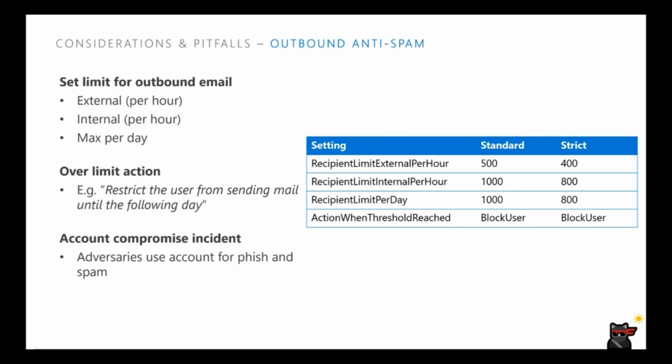So doing this configuration to limit the outbound email and block the user from sending more emails is a good practice, and we see the standard and strict preset configuration and what values they have. If it's too high for your org, right, Paul, we can do our own custom policy for that. That is correct.